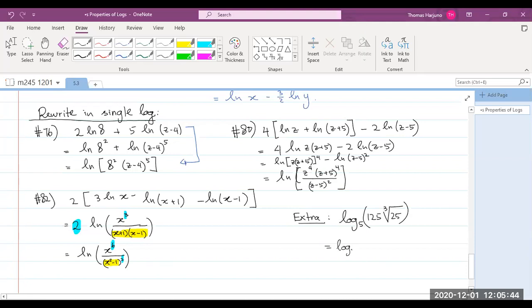Log base 5 of 125 plus 1/3 log base 5 of 25, right? But 125 is 5 cubed, so this is 3. 25 is 5 squared, so this is 2. This will be 3 and 2/3.